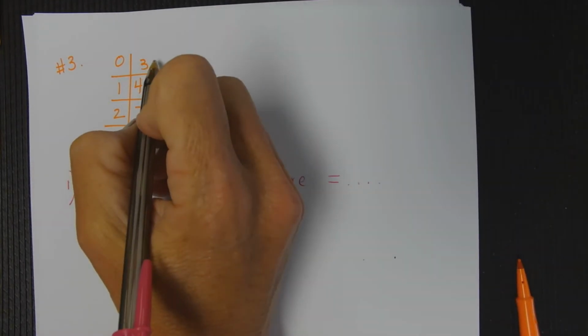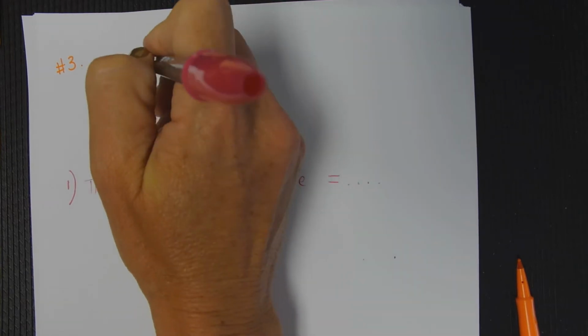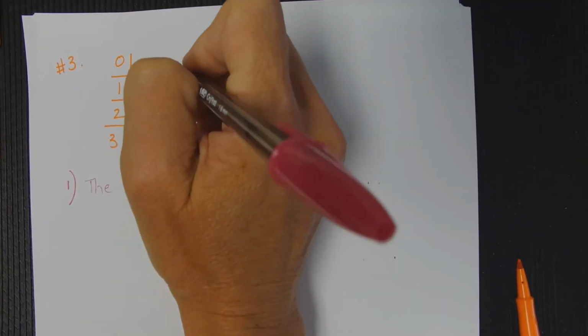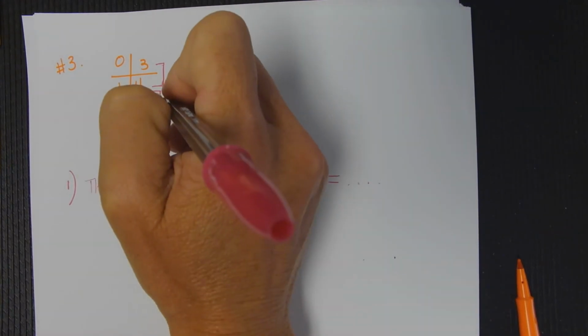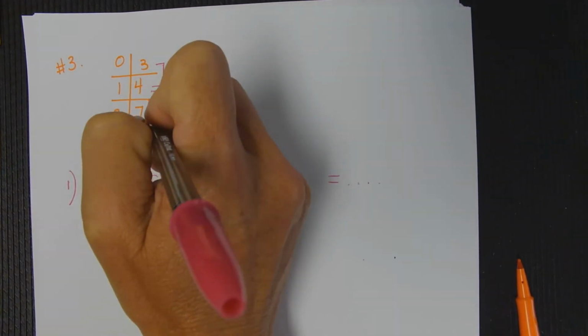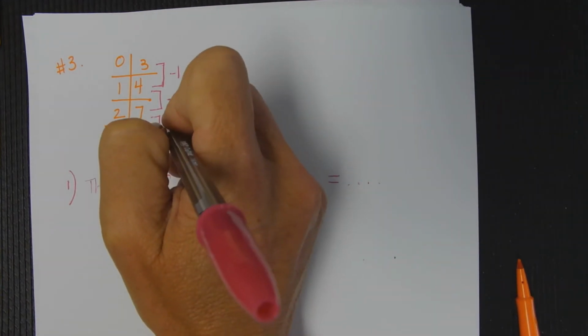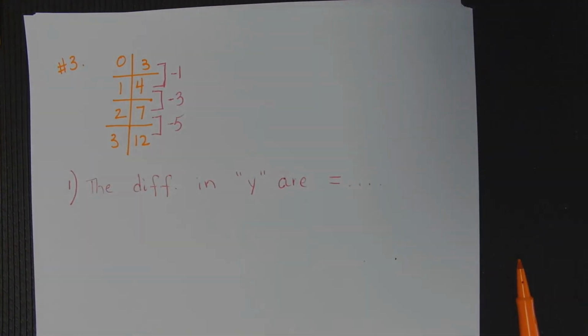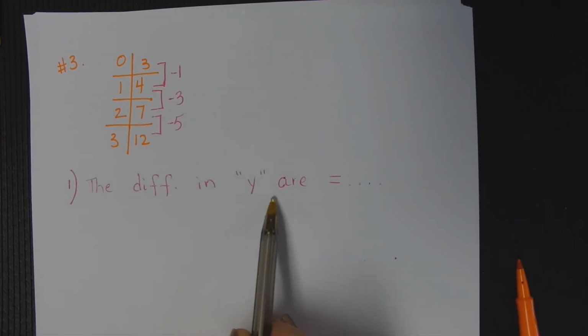So let's look at our y's. What is the difference? What is 3 minus 4? Be careful. Negative 1. What is 4 minus 7? Negative 3. What is 7 minus 12? Negative 5. Okay? So immediately, these differences are not equal.